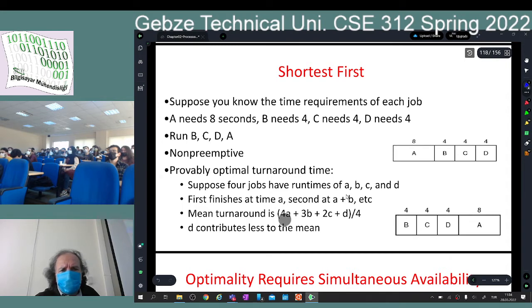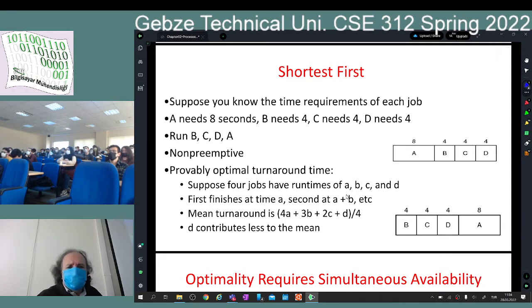Well, obviously, if this is my turnaround time, you want D to be the largest number and A to be the smallest number. A should be the short one. That's why we say that with the shortest first algorithm, my turnaround time theoretically should be the minimum.